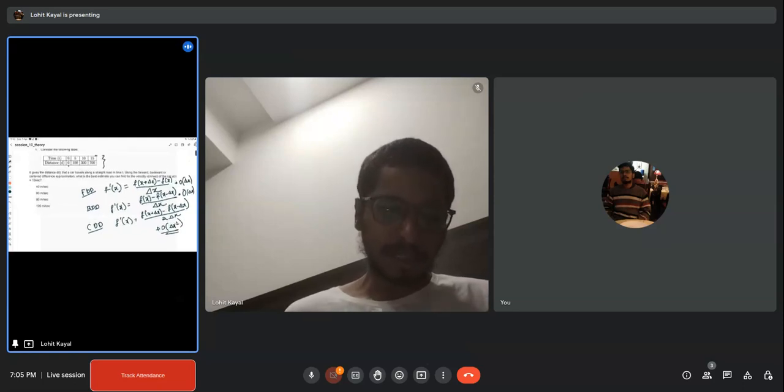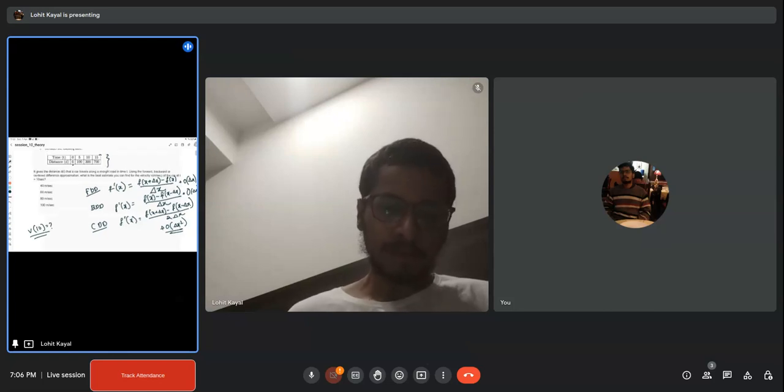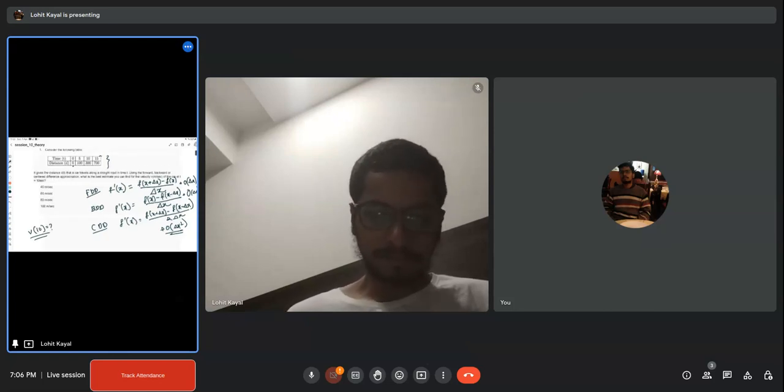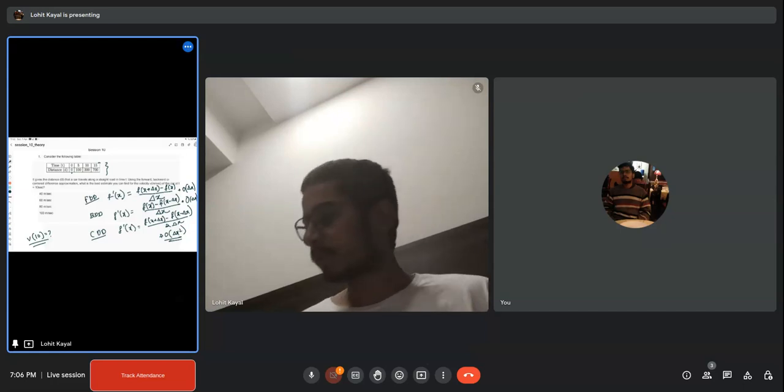Now the question says: using these difference approximations, what is the best estimate you can find for the velocity of the car at t equal to 10 seconds? Now I need to find v at 10. What will be the velocity in this case? First I will use the forward difference technique.